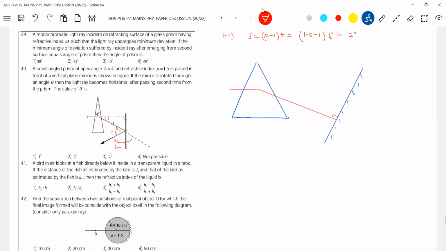So it should be incident normally. Then what will happen to this? This will retrace the path. So how much should the mirror be rotated?